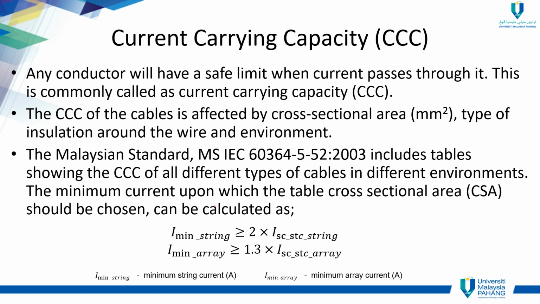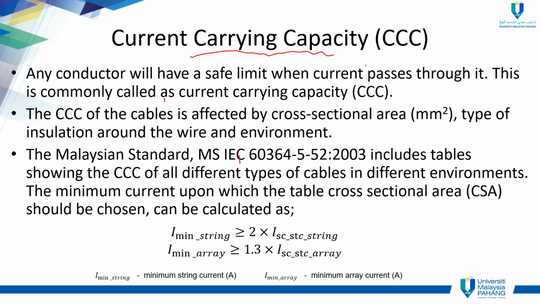We are going to the part that we call current carrying capacity. I'm focusing only on the DC, I mean the solar cable. CCC, I think some of you maybe know, is the rated maximum current for a certain thickness and a certain type of cable. It also exists for DC cable, AC cable, and solar cable.